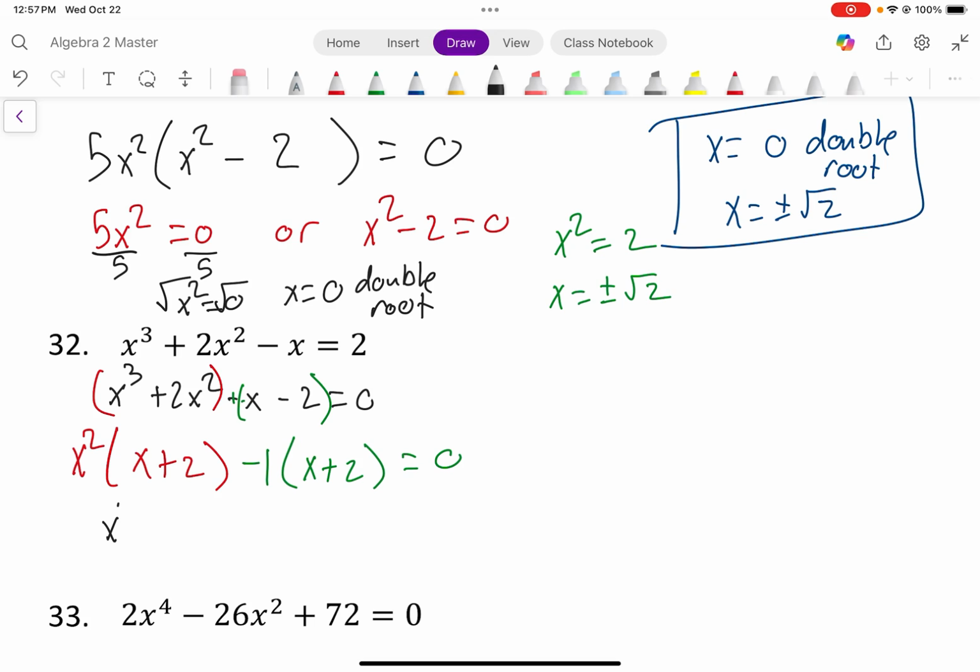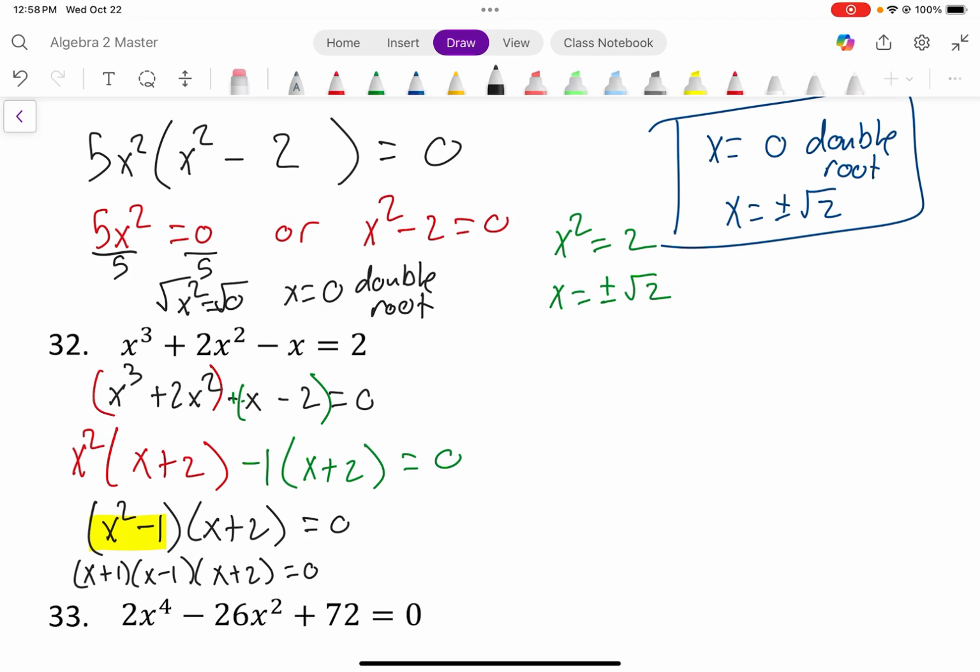So now I've got x squared minus 1 times x plus 2 equals 0. Now you're in a situation where you can go one of two ways. You can set each of these factors equal to 0 and solve, but because this first one has an x squared, depending on the numbers, that could get a little dicey. You can recognize this as a difference of perfect squares.